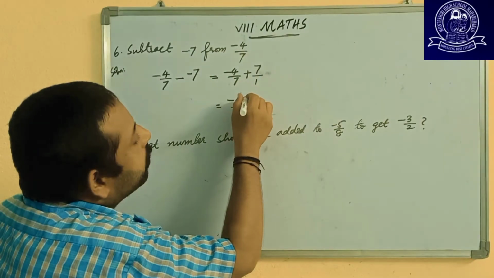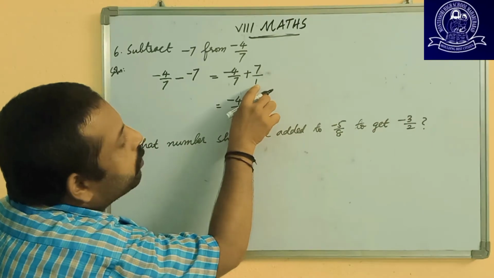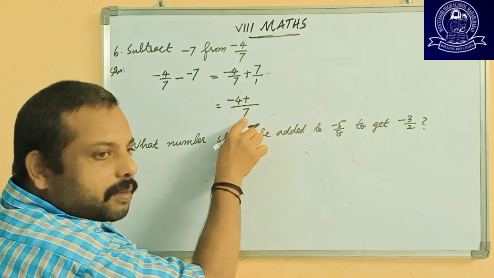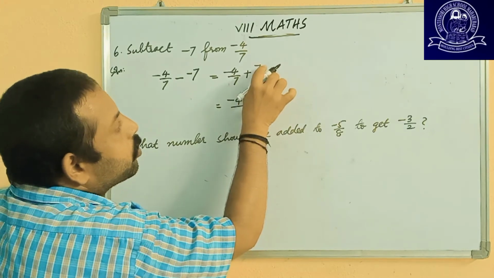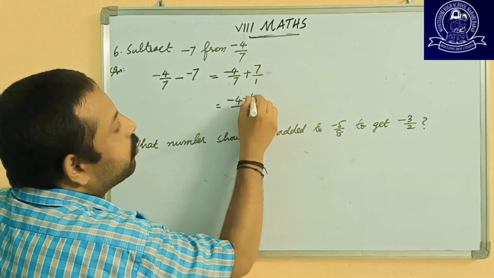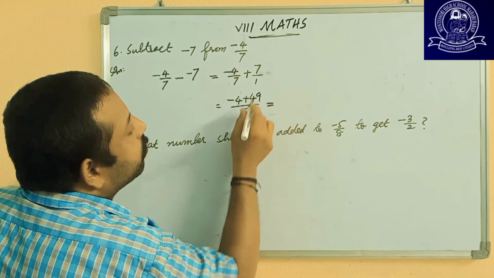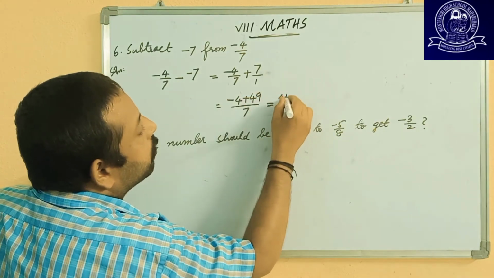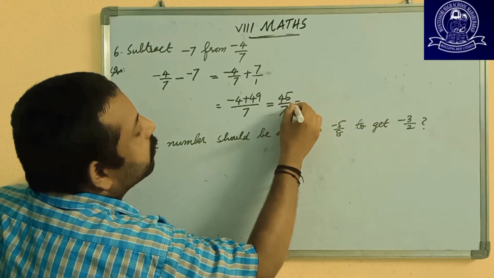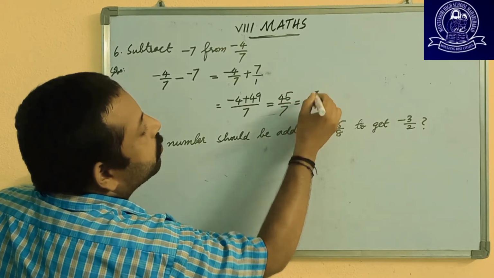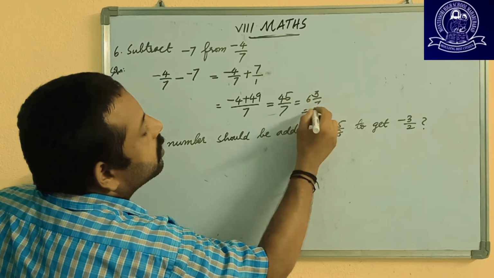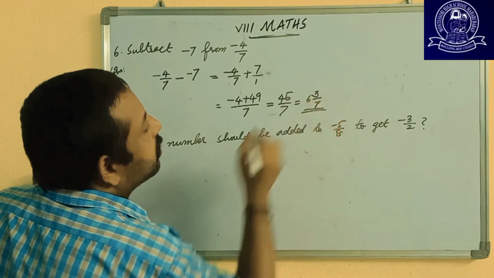This plus symbol we will give like this. 1 should be multiplied by 7. Why? Our denominator is 7. That means LCM is 7. So 1 into 7, 7. So 7 also should be multiplied by 7, 49. It is equal to 49 minus 4, 45 by 7. 45 by 7 means 6 7s are 42. 42 plus 3 is 45. 6 3 by 7 is the final answer.